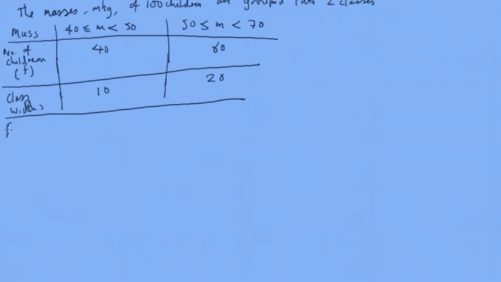And frequency density will be 40 divided by 10, which is equal to 4, and 60 divided by 20, and that equals 3.